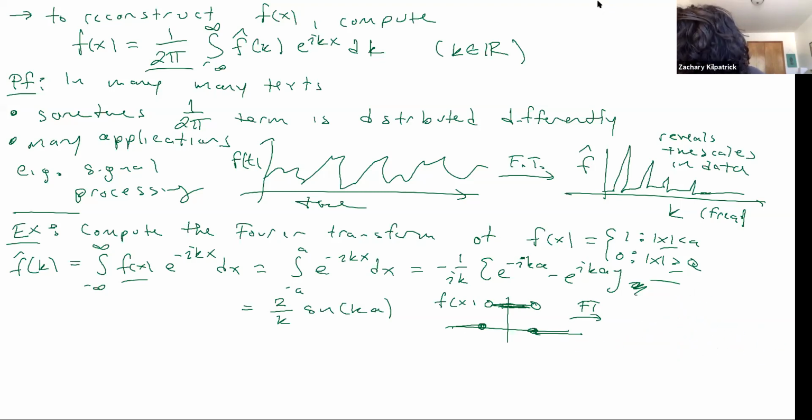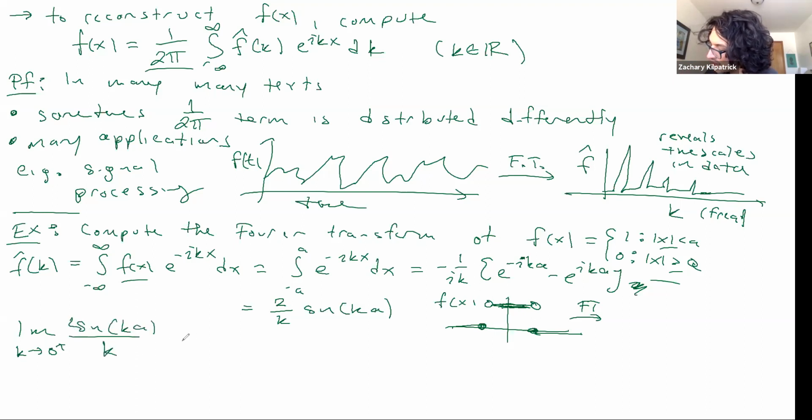The limit as k goes to 0 from above of sine of ka over k is going to be equal to a, right, cosine of ka.